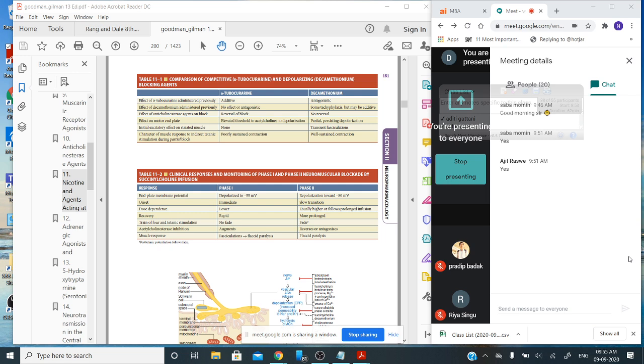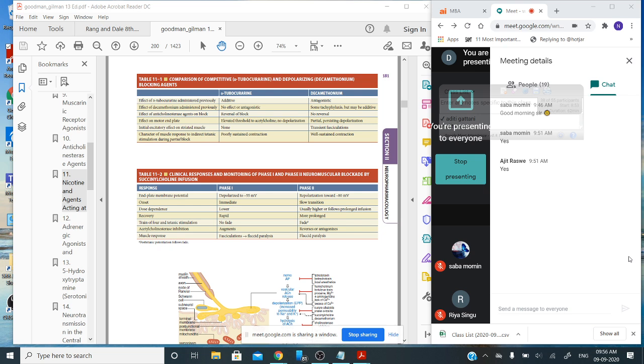Okay, this is clear to you: what is muscle tone, what is the importance of muscle tone, and how it is maintained. Acetylcholine is always secreted at the motor end plate, and because of its secretion there, in smaller amounts, it maintains partial contraction.